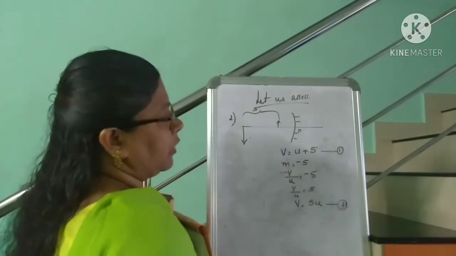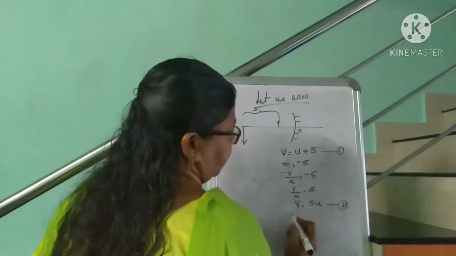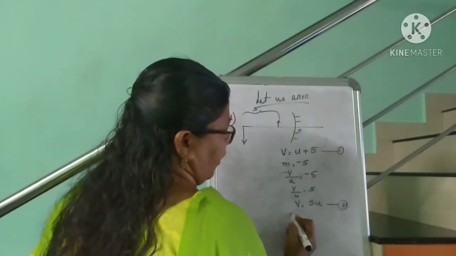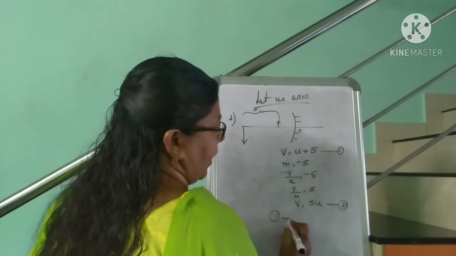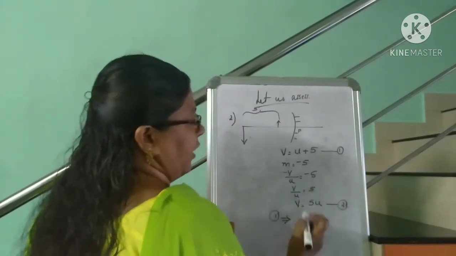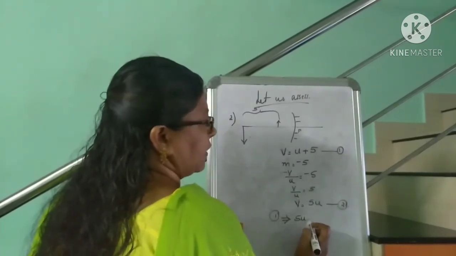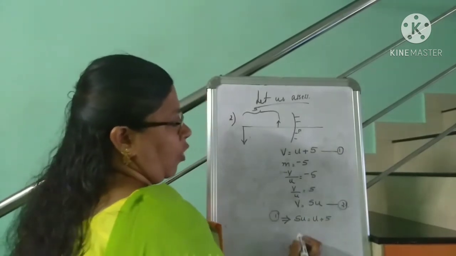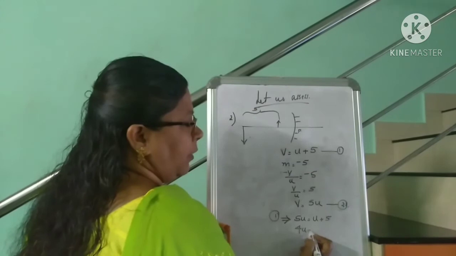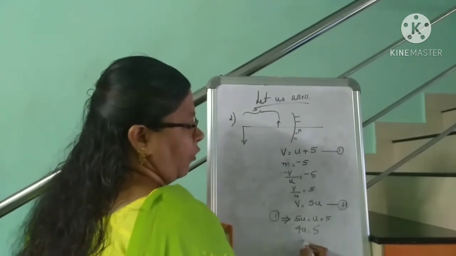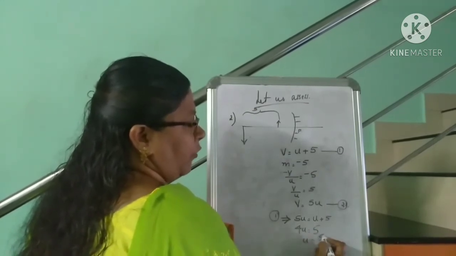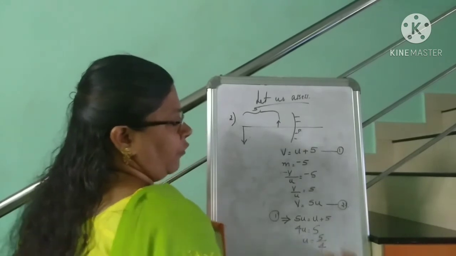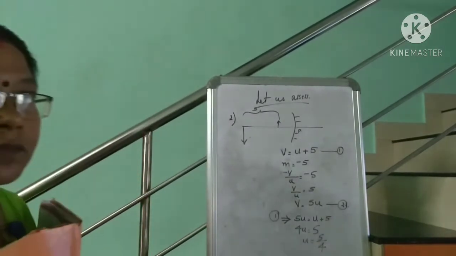How do you substitute? In equation 1, instead of v you can write 5u is equal to u plus 5, or 4u is equal to 5, or u is equal to 5 by 4. Understood?